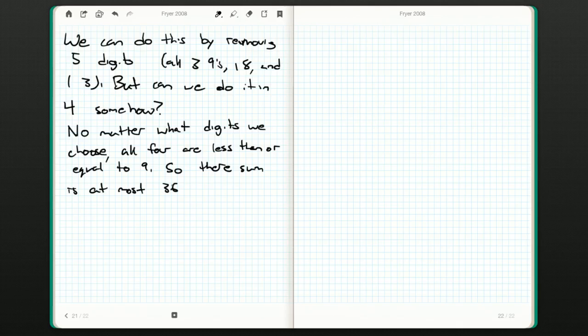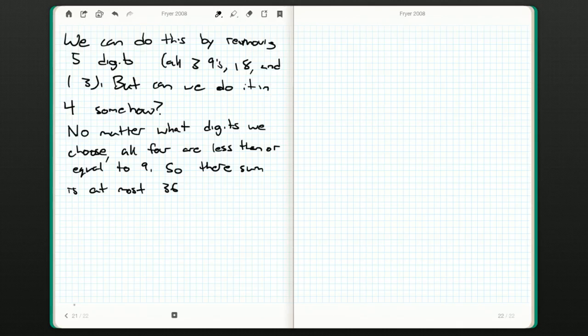So if we were to somehow be able to do this with 4 digits, all our 4 digits would be less than or equal to 9. Now, not all 4 digits can be equal to 9, but that's really neither here nor there. The point is we have an upper bound on what each digit can be. It's 9. And if we have 4 9s, then at most the sum could be 36.